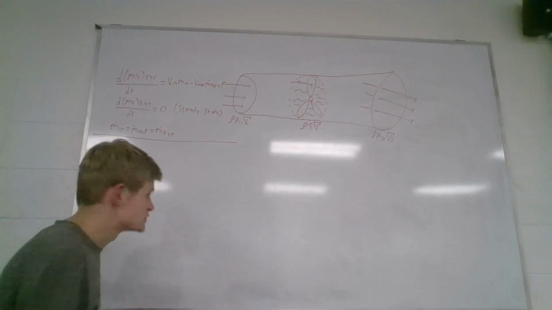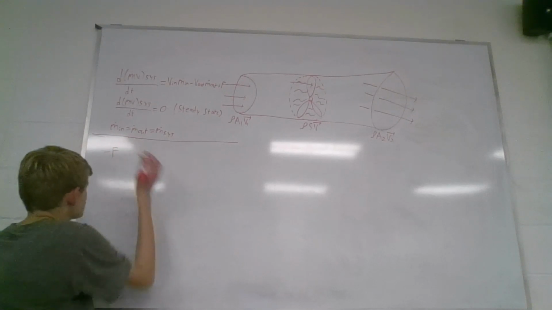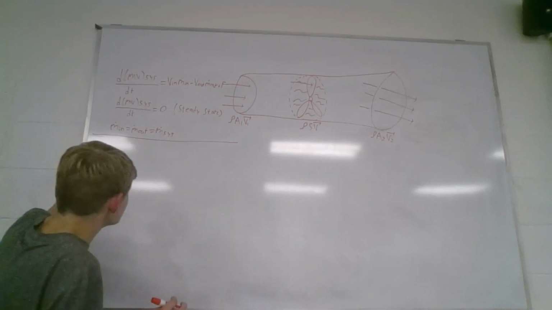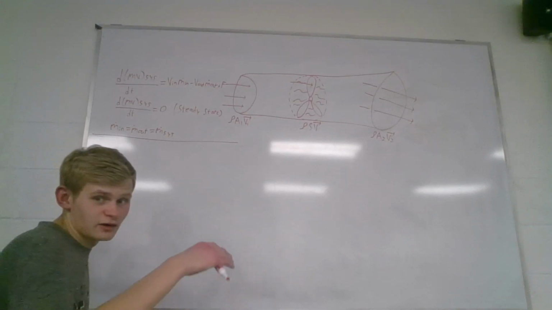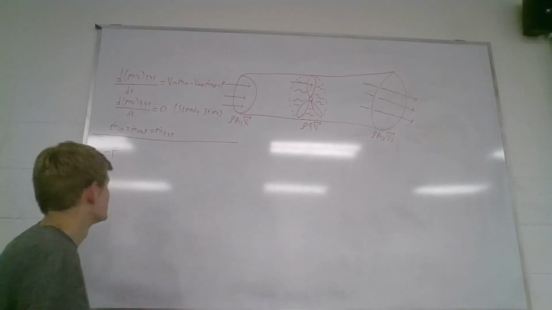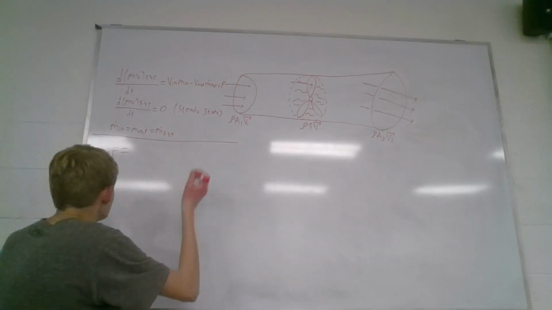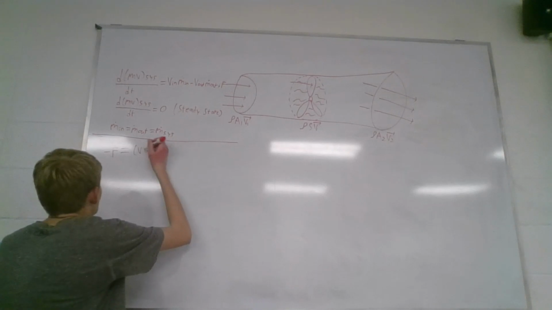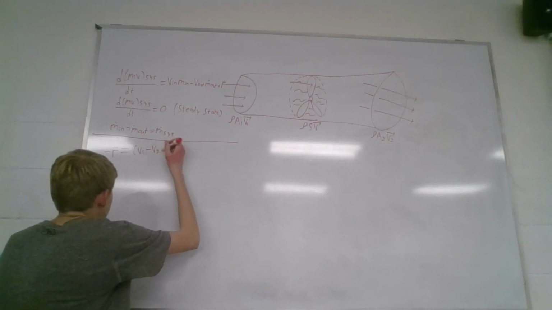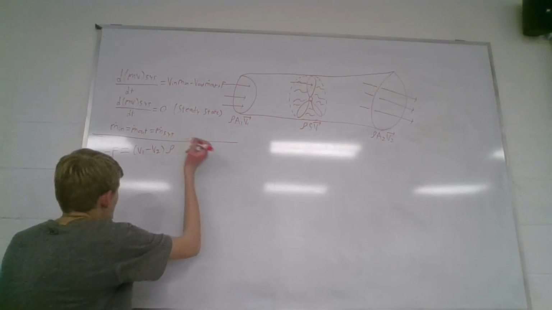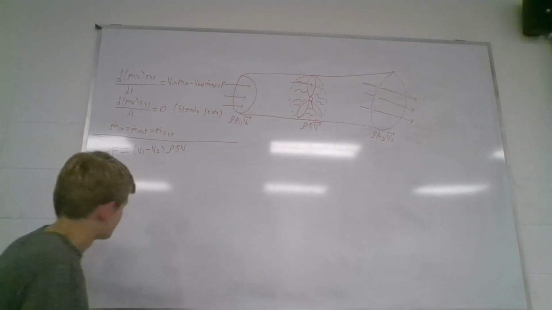Our force equation, and I'll explain why this looks this way in a minute, is negative F, which is the force that the blades are exerting back onto the air, and that's why it's negative, is equal to the velocity at 1 minus the velocity at 2, multiplied by the mass flow rate.